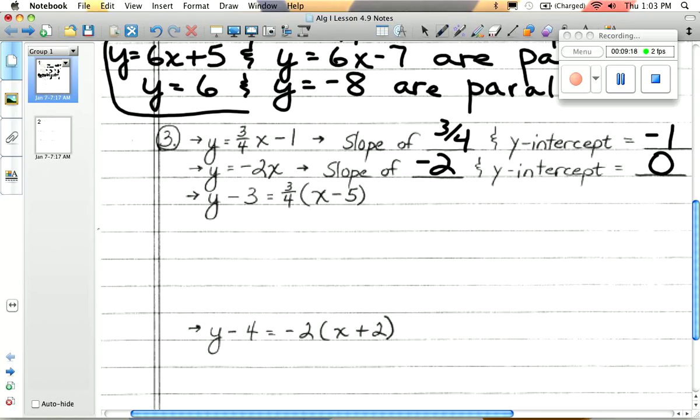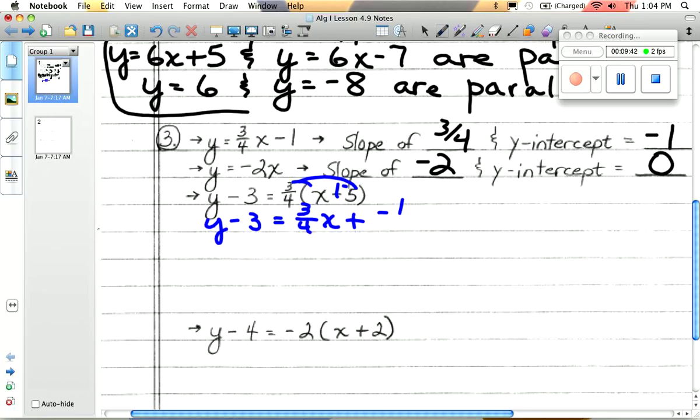So let's do our distributive property. Change this to add the opposite. So we have y take away 3 equals 3/4 x plus what? 3/4 of 5. Well, let's just do it like this, you guys. Let's take 3 times 5, 15, and then we have that 4 downstairs. What's a positive times a negative?